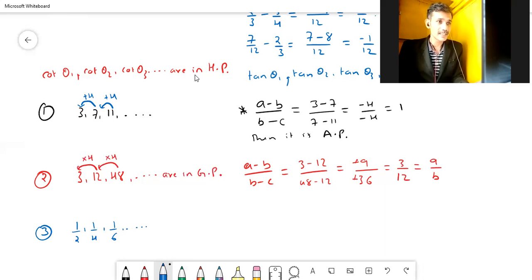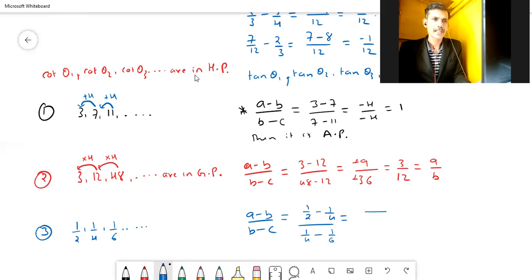But we'll see the condition. A minus b by b minus c, how much will we get? a minus b is 1 upon 2 minus 1 upon 4, and this is b minus c.